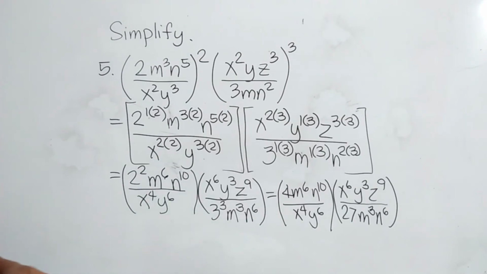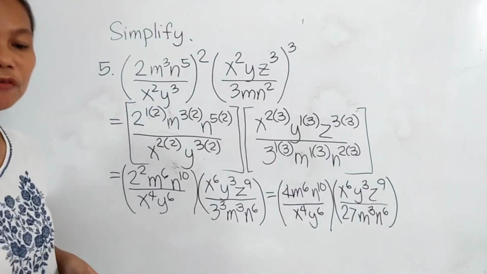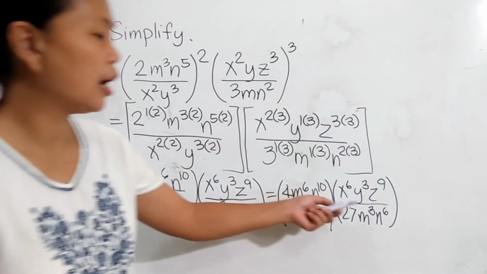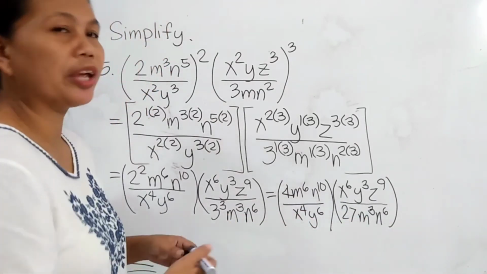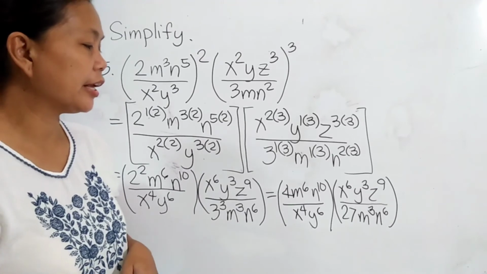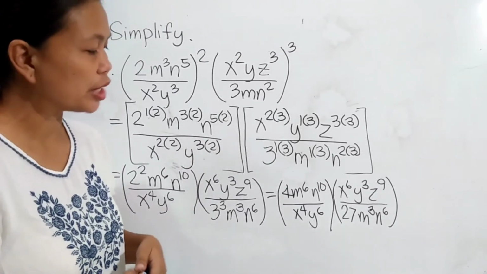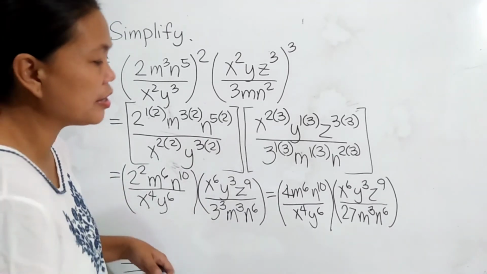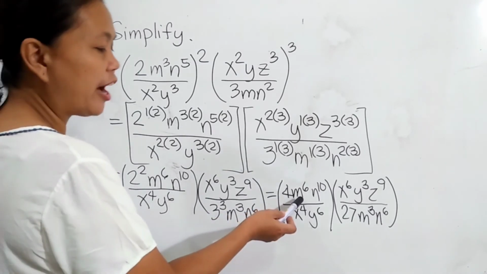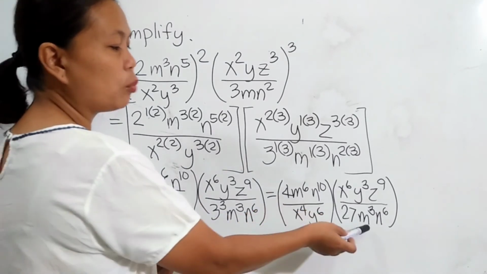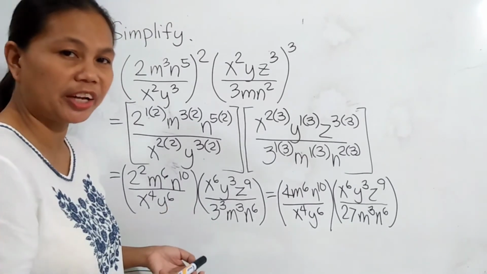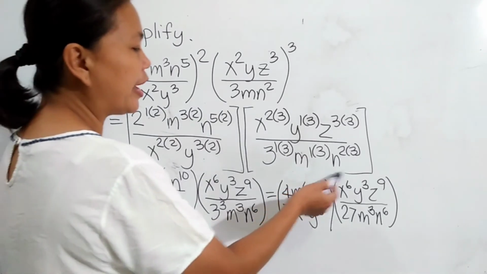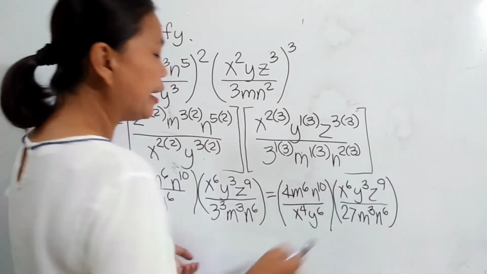Now, we can use the quotient law for this particular example. Okay, let us simplify this. So, we will use the power quotient law of exponent here. So, if we have one in the numerator and one in the denominator with the same base, we can subtract their corresponding exponents because we don't have an exponent outside the parentheses.